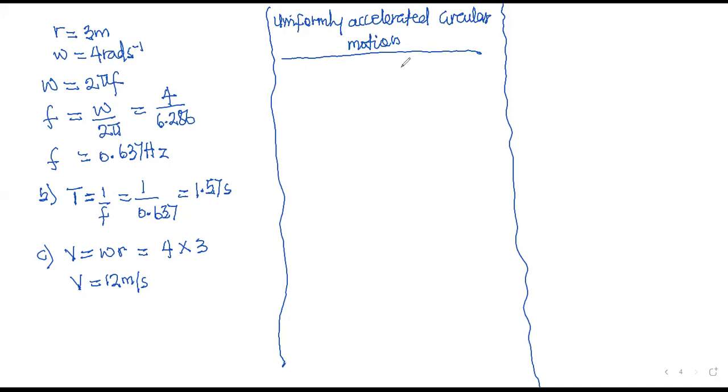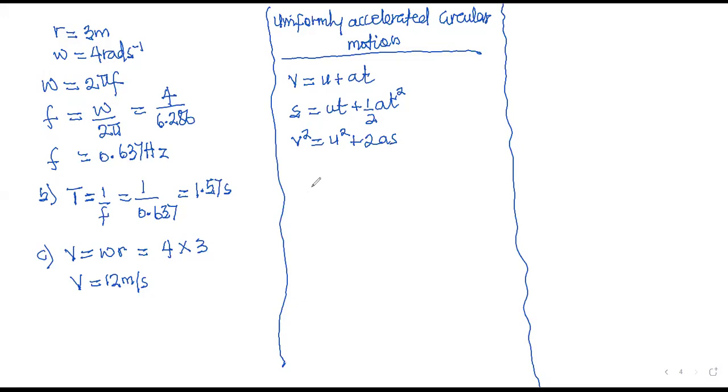Just as we have uniformly accelerated linear motion, our three main equations of motion, namely equation 1, which is V is equal to U plus AT, equation 2, S is equal to UT plus half AT squared, equation 3, V squared is equal to U squared plus 2AS.